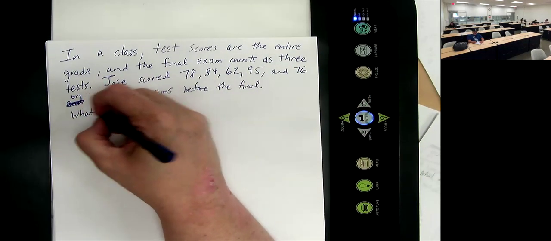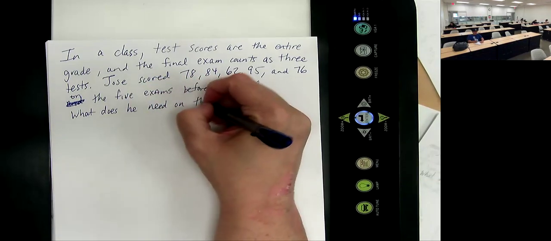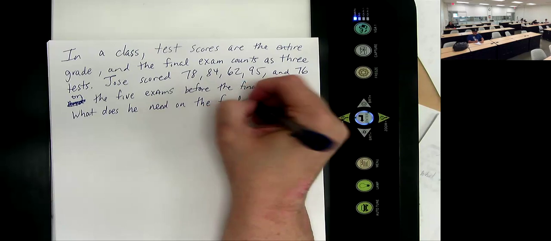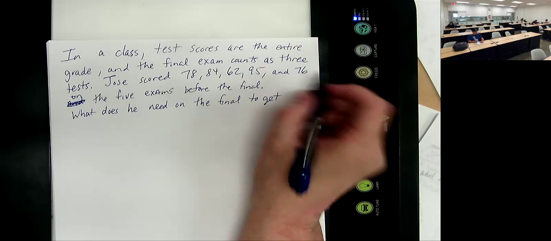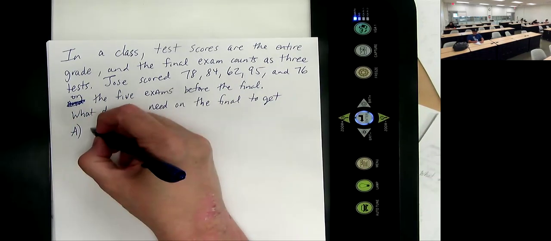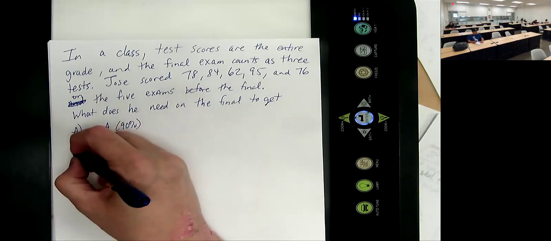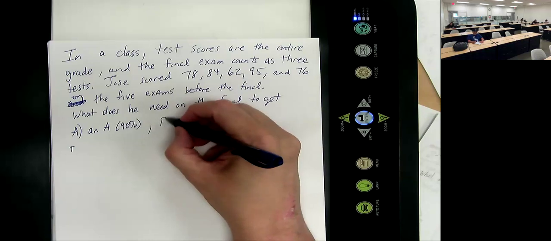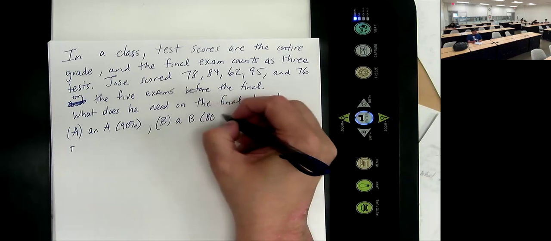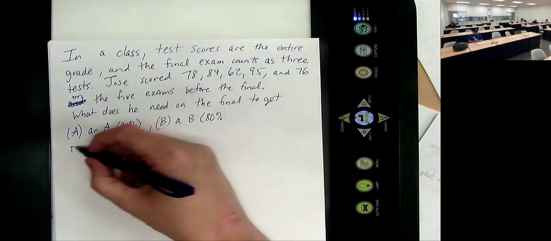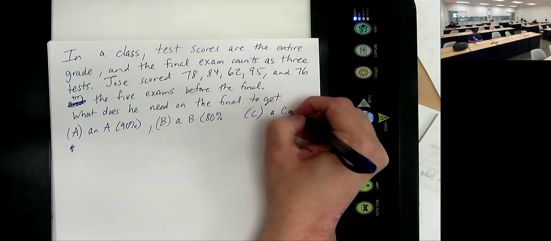What does he need on the final to get, well, let's do 3 things. Option A, gets an A, or 90%. Then we'll do option B, gets a B, or at least 80%. And C, or 70%.